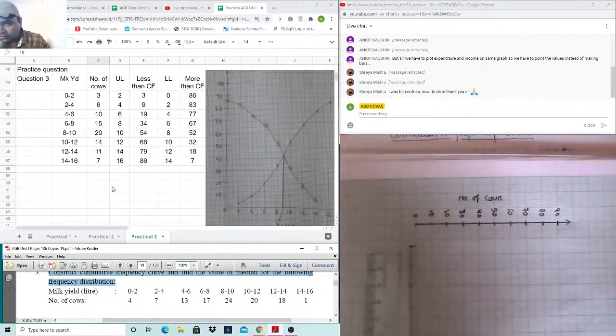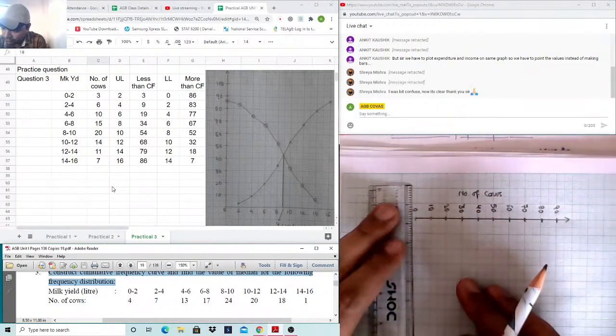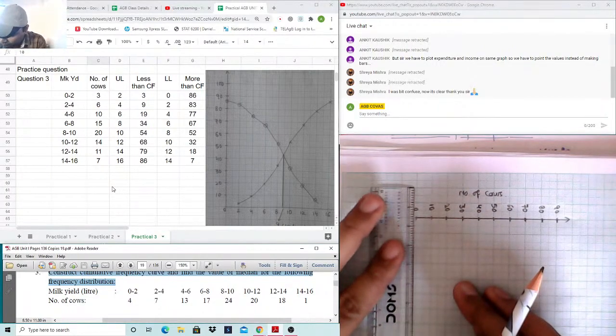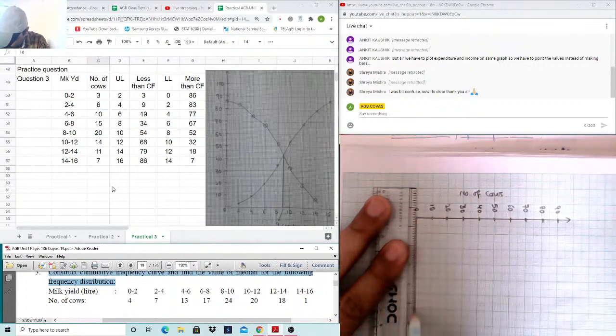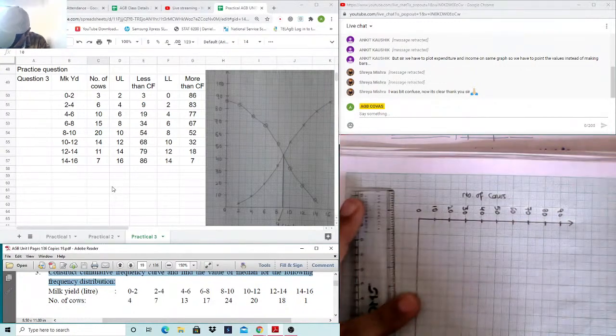Okay. So resuming that. This is from 0. Now this is your x-axis.